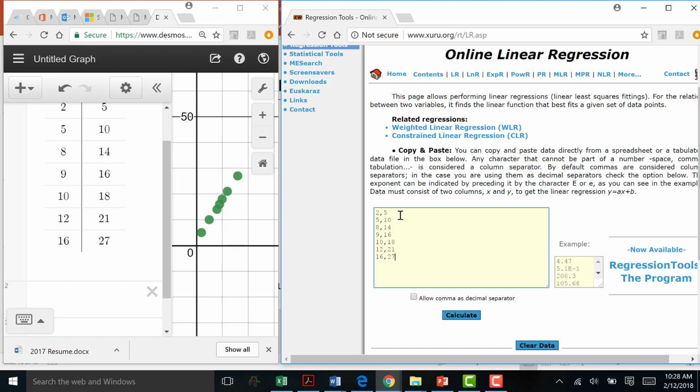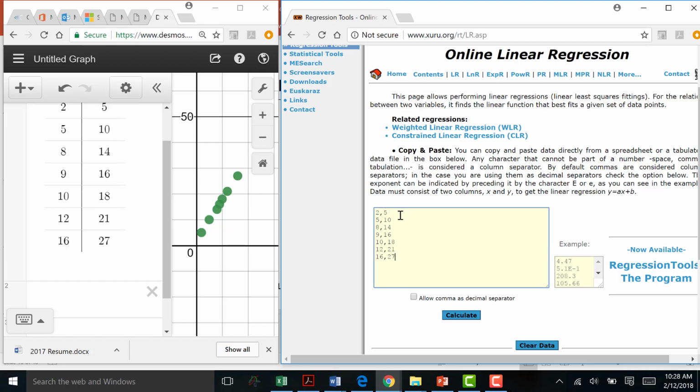Okay? Do you have the same table typed in here yet? Almost. Why are we doing this? To find the equation that matches the table of the data.